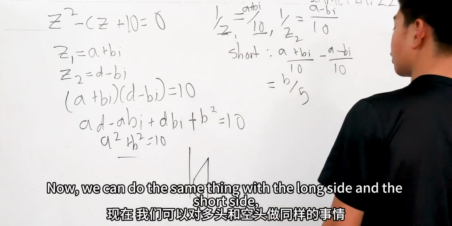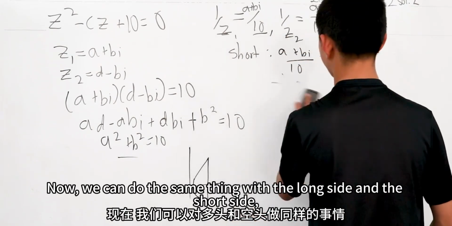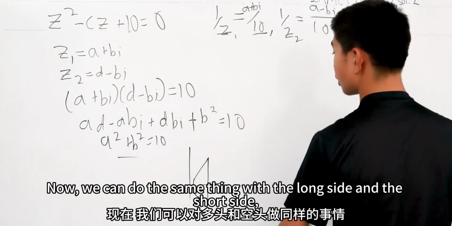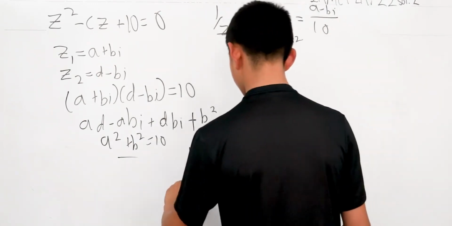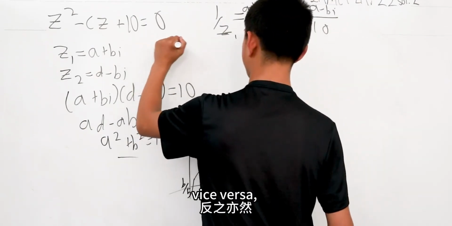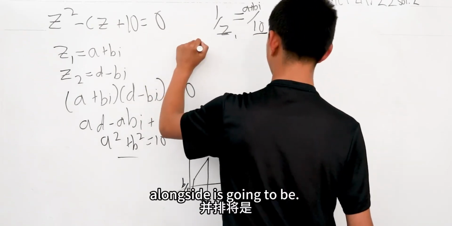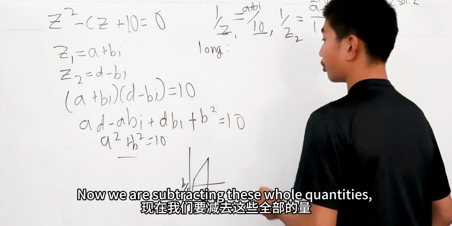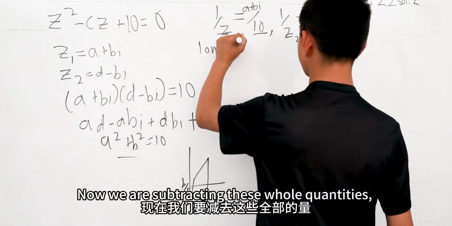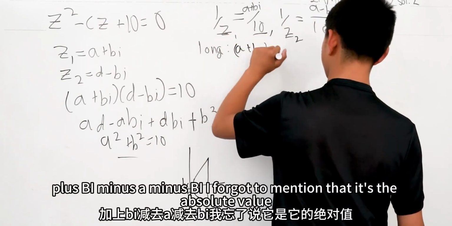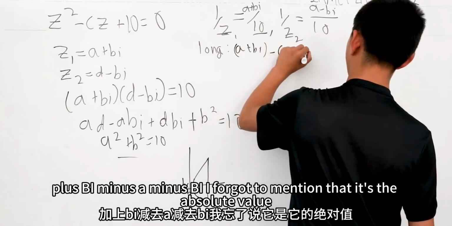Now, we can do the same thing with the long side. The long side is going to be, well, now we're subtracting these whole quantities: a plus bi minus a minus bi.